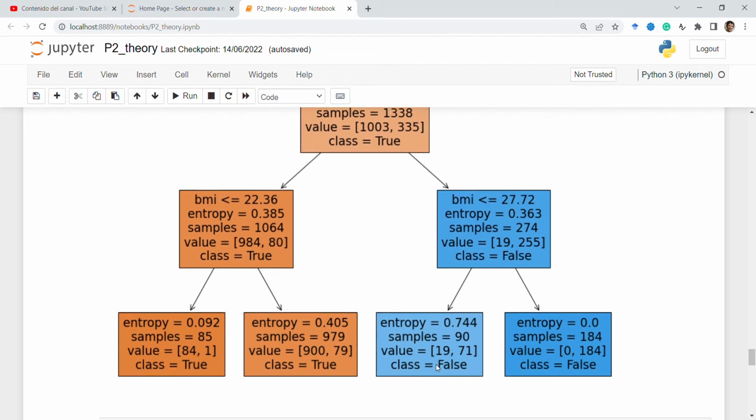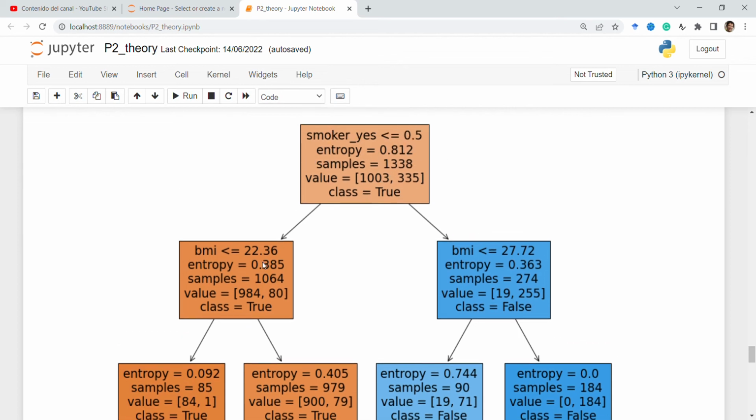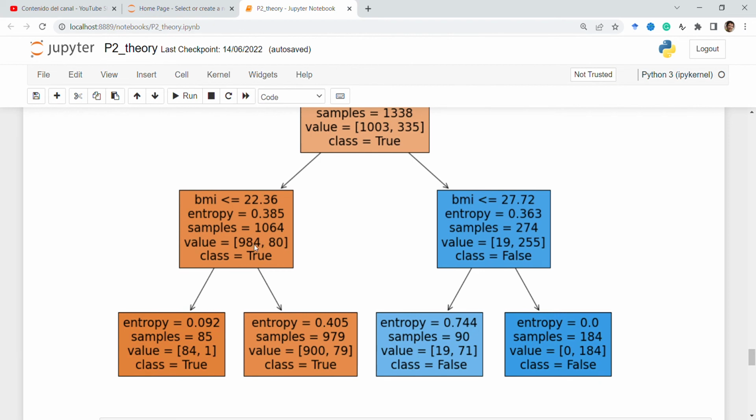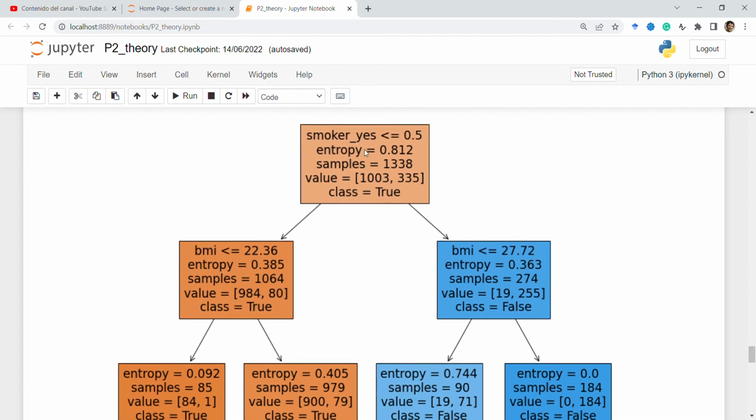Actually, this interpretation class equal false is kind of arbitrary in this representation, but we see that most of the people are in the upper quarter if you smoke, and if you don't smoke, most of the people are in the lower quarters, and only a few are in the upper quarters, and we are not able to separate them, so with just this question we cannot predict those in the upper quarter. So yeah, the main question is whether you smoke or not.